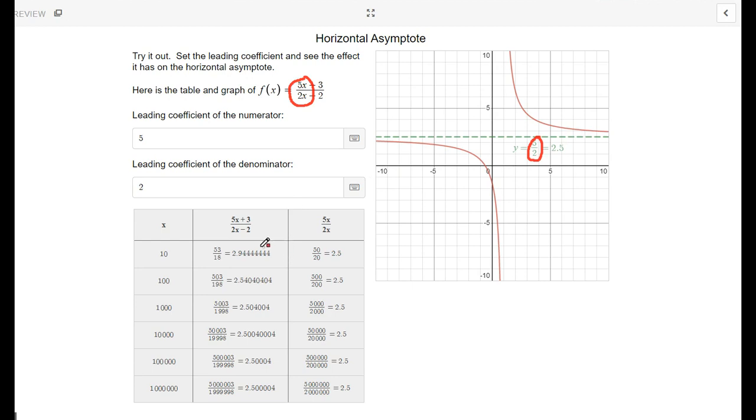Okay, and you can see that down here. Here we have the actual function that we're graphing, 5x plus 3 over 2x minus 2, and you can see its ratio. And then here it is without the 3 and the 2 being added and subtracted, and its ratio is 2.5. And like we said, when x is big, these numbers won't really matter.